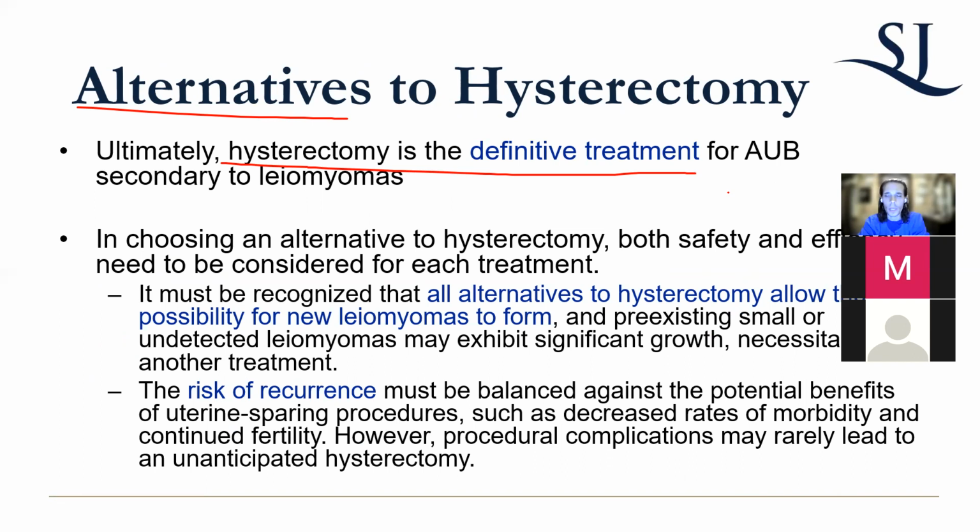What you could do is try to time it so that, especially if a woman is closer to the average age of menopause, which is 52, you can essentially bide your time until they hit menopause. Because these things are estrogen responsive, as evidenced by what is known foundationally, but also as I told you, with Lupron, it really works because you put them into menopause. You can use your alternatives to hysterectomy there.